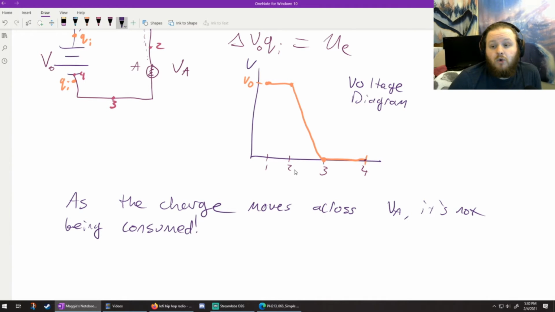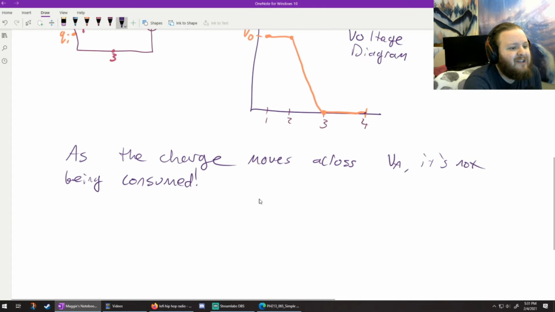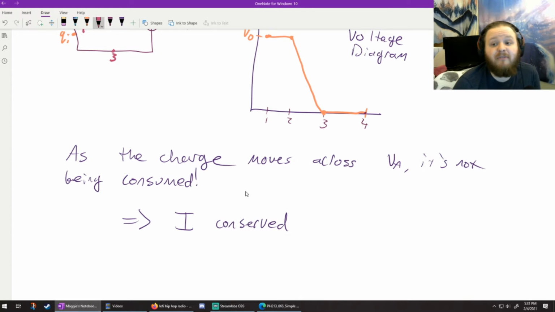If the charge doesn't get consumed, that actually tells us something very special about one kind of quantity that we can track here. I mean, there's two. If you've ever seen circuits before, you know that there are two things that we're primarily concerned with indexing in the circuit, and that is the potential difference V and the current I. The fact that the charge moves across VA, it's not going to die as it goes across the light bulb, and that implies that current is conserved to some extent, in some way, in some fashion.